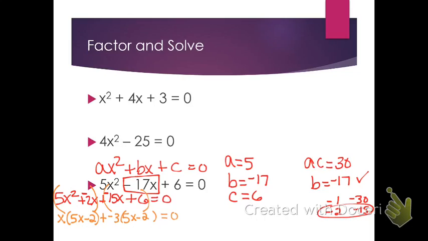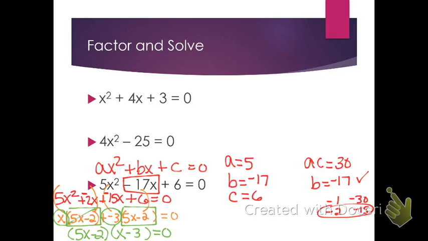Now I have my common binomial. And when I factor that out, I'm left with an x and a plus negative 3, or a minus 3. So now I'm down to my zero product property.